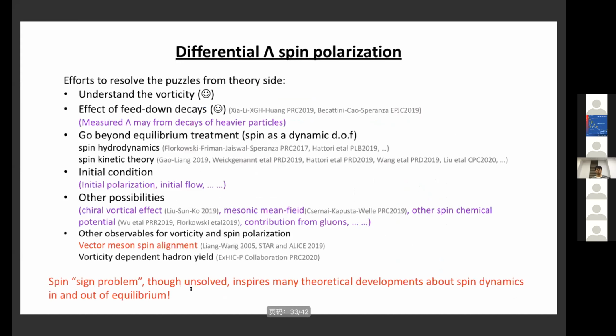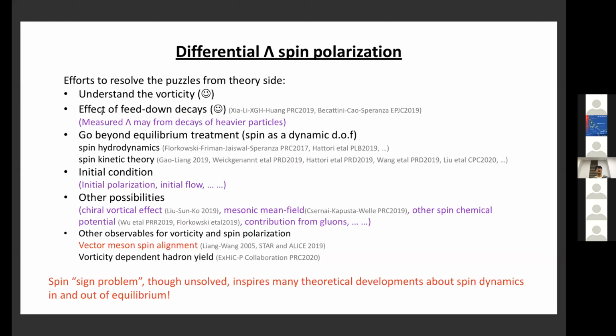Then how can we understand this sign problem of the local lambda spin, or differential lambda spin polarization? For this purpose, first we need to understand the vorticity. And for the vorticity, I think we understand it very well. And the lambda polarization contains a bigger fraction from the feed-down decays of higher-lying hyperons.